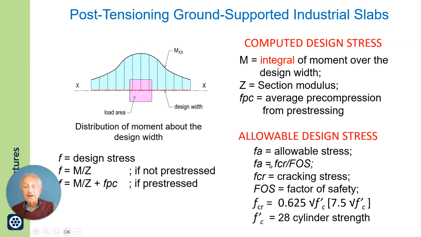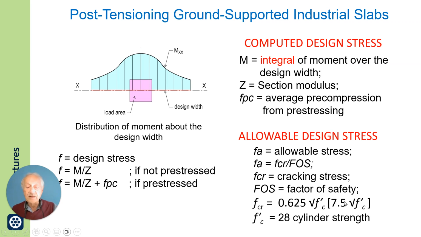Now, the allowable stress which we target is the cracking stress over a factor of safety. The cracking stress of the concrete is defined by this value in ACI.